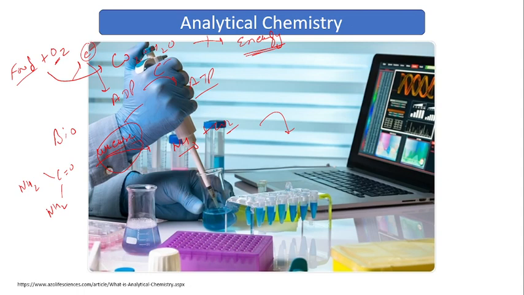That's why you need very sophisticated techniques like ICP, and further electrochemical techniques and electrochemical sensors, which can analyze your sample at the ppb level.